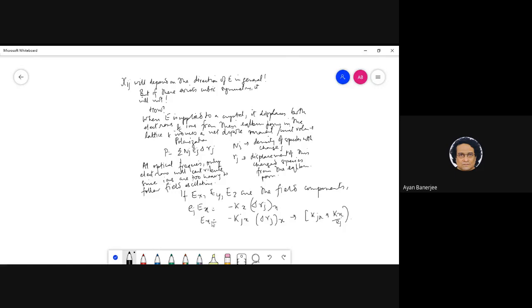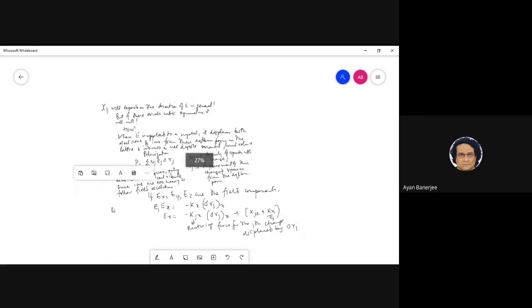Now what is this? It is nothing but the restoring force for the jth charge that is displaced by delta Rj. Now I think you can guess what I'm going to write.